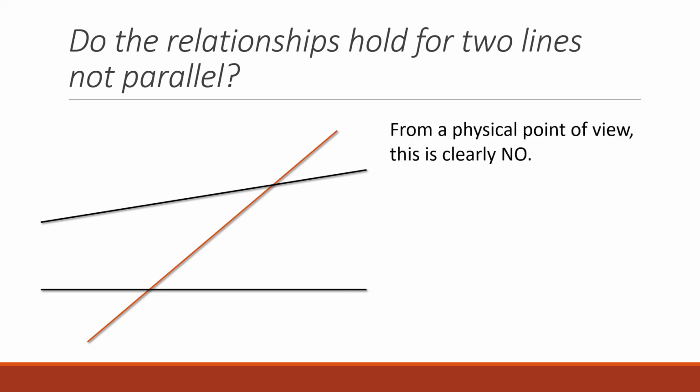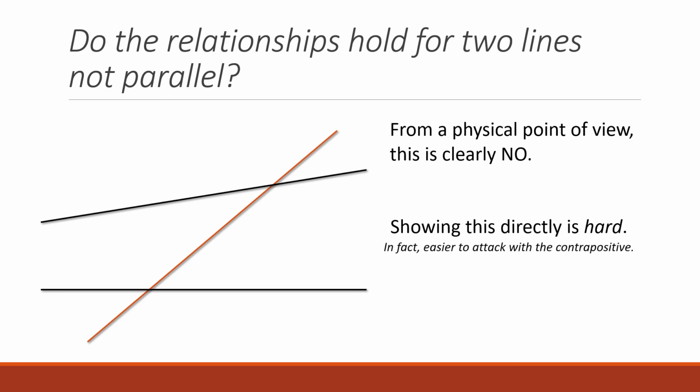From the physical point of view, this is clearly no. The one physical argument for corresponding angles being the same was that the parallel lines were simply shifts of one another. So this is clearly no. But showing this directly will be very hard. In fact, it's easier to attack with the contrapositive. So that is some comment for actually showing why this must be true.